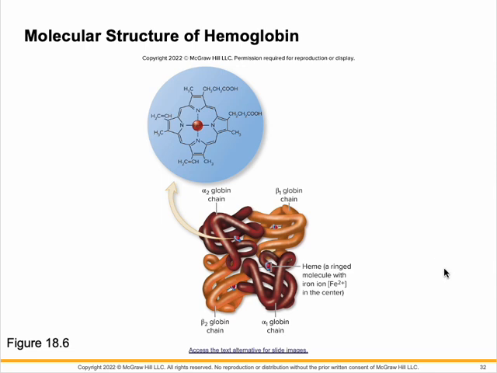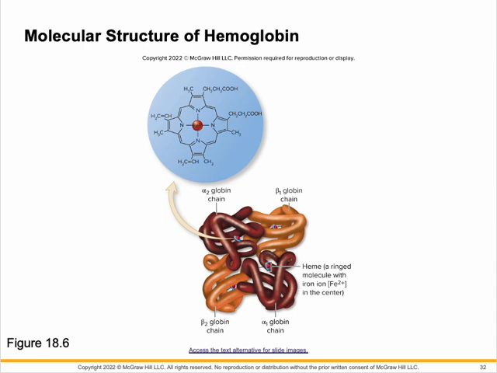Now, hemoglobin exhibits something called cooperativity, or cooperative binding. What this means is that as you have one oxygen molecule bind to hemoglobin, which remember, can bind 4, that increases hemoglobin's affinity for the second oxygen molecule.